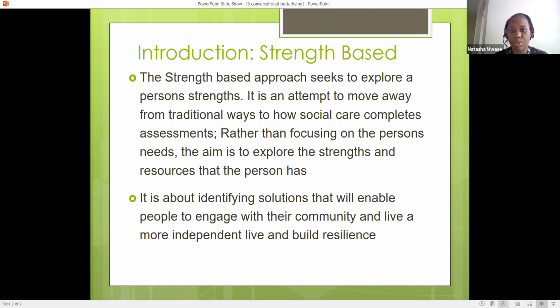This approach attempts to move away from the traditional way social care completes assessments, and instead looks at how we explore a person's strengths and the resources around them. It's also about looking for solutions that help a person engage within their community, live a more independent life and build resilience.